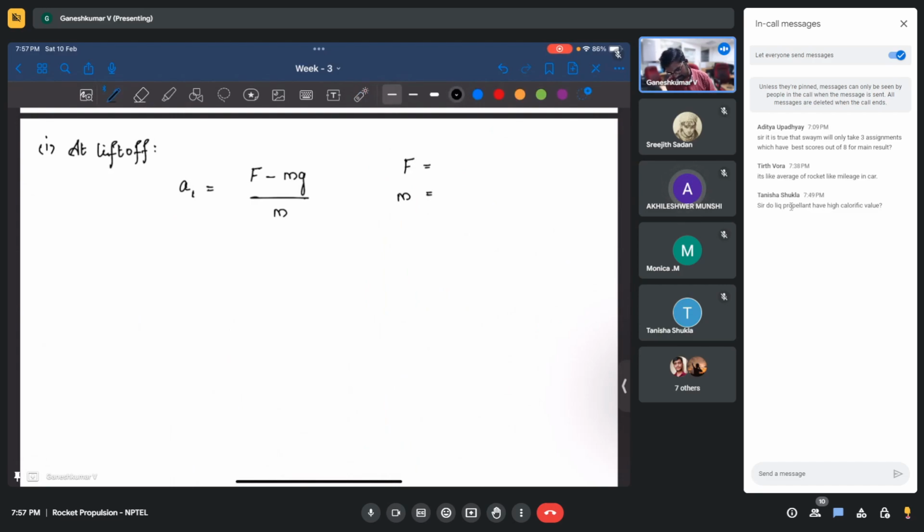Let's say m dot is 100 kg per second and Isp is around 1500 meters per second. What is the F you are getting? It should be 150 kilonewtons.